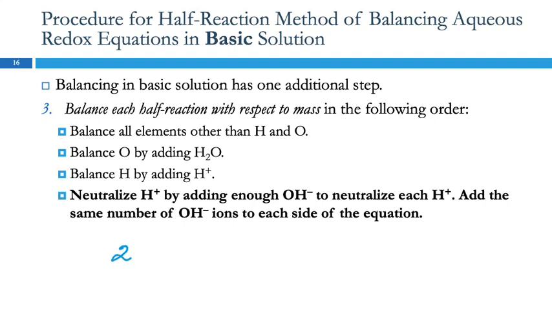So if I have 2 hydrogen ions on this side of my equation, and it's all balanced, there's other stuff there, I can add 2 hydroxide ions to both sides without messing up how it's balanced. And 2 hydroxides and 2 hydrogens give me what? 2 water molecules.